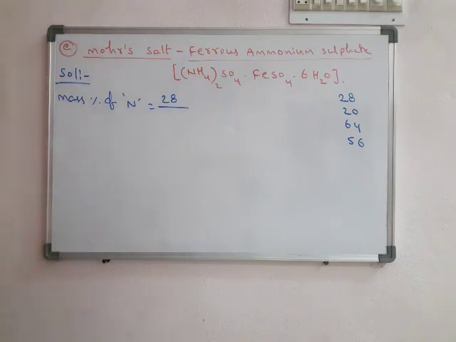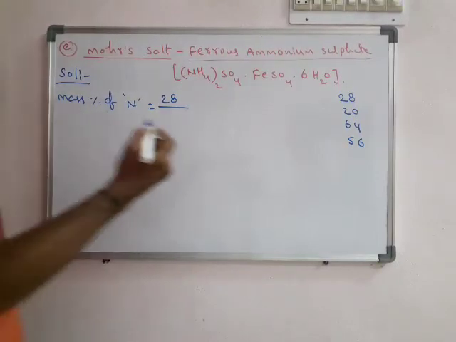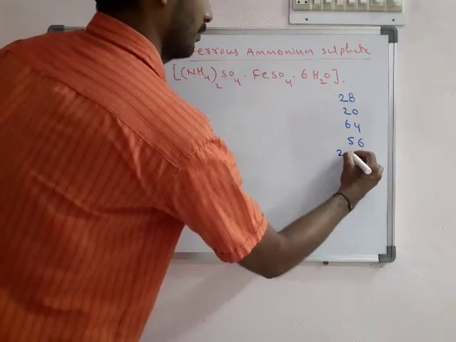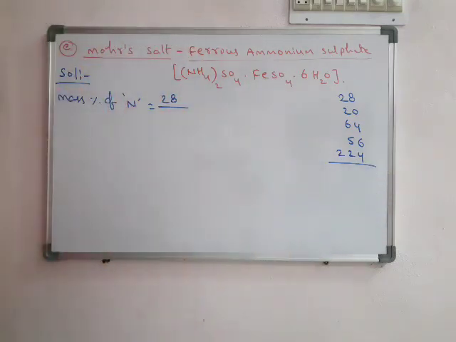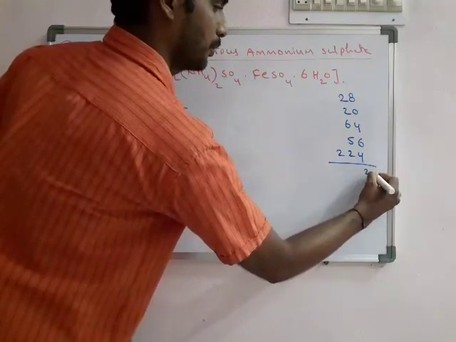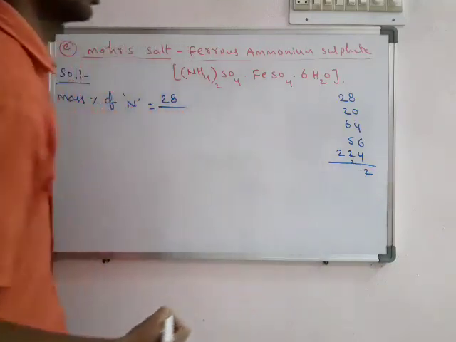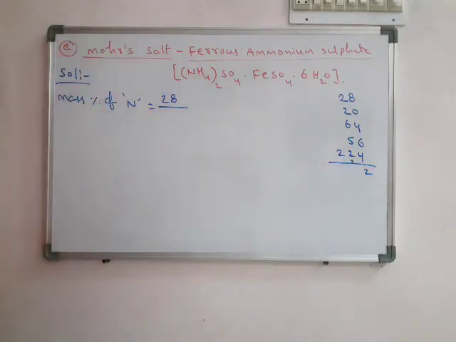So 14 oxygens, each carries 16. Means 14 into 16, that is 224. And finally we will get the total, 392.